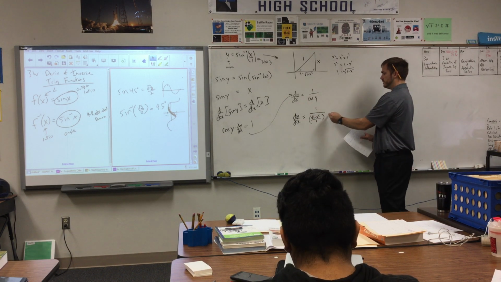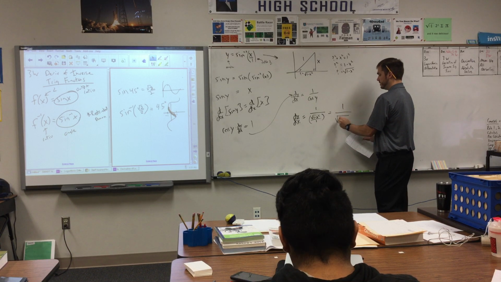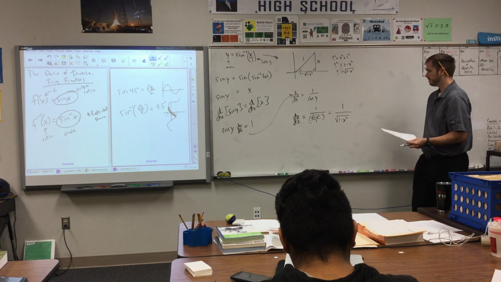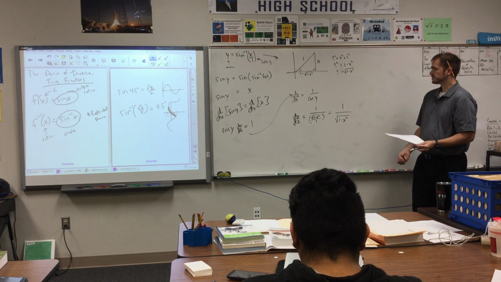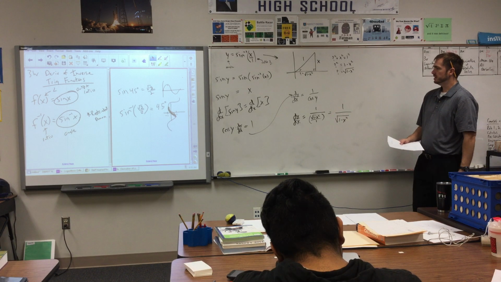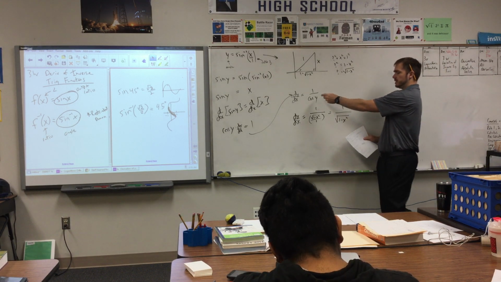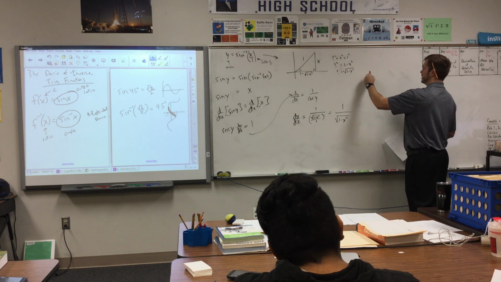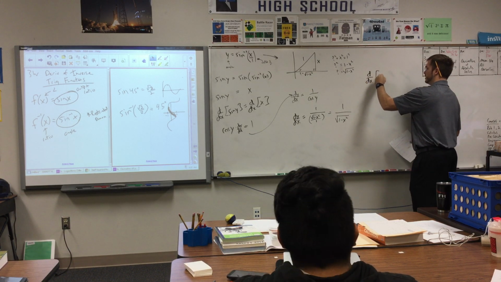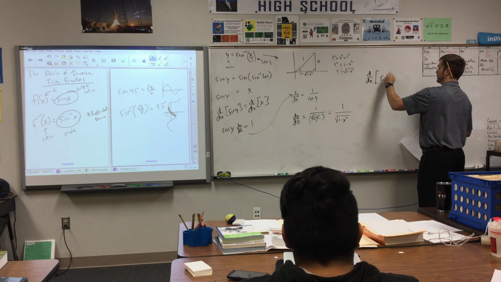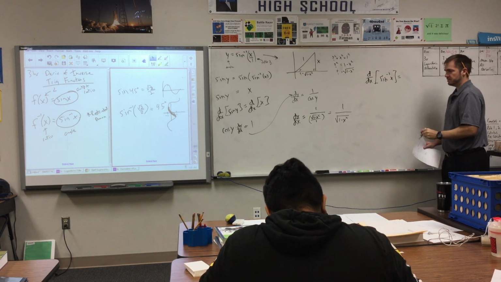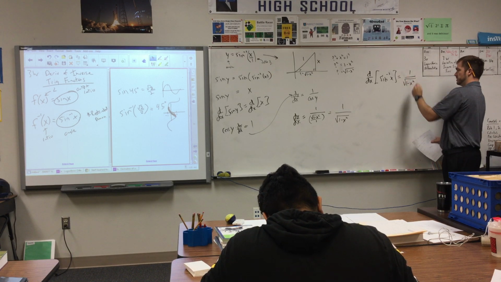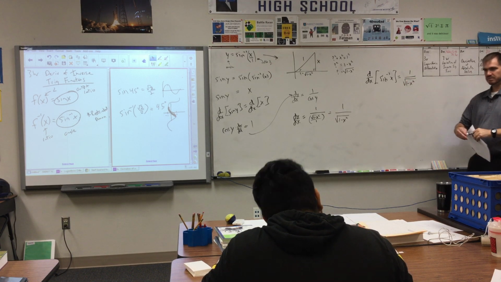Anything divided by 1 is itself, so it's just going to be 1 over the square root of 1 minus x squared. Alright, so it does have a relationship to cosine, but it's not inverse cosine. So here you go. The derivative of inverse sine is 1 over the square root of 1 minus x squared.